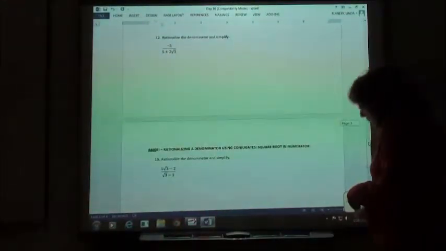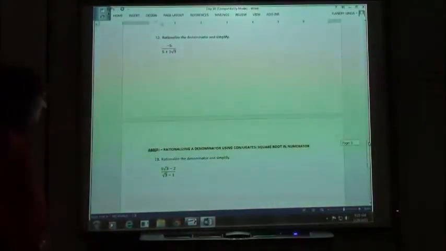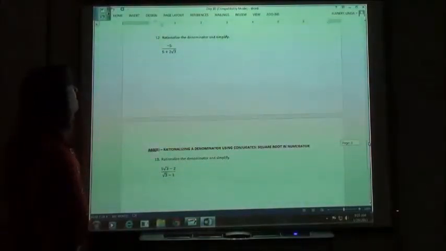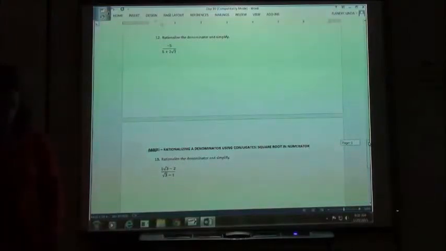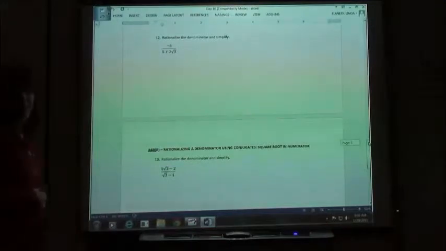Number 12. We want to rationalize the denominator, so what should we multiply by? Look at your previous ones. Oh, 5 plus square root of 3. You're getting closer.